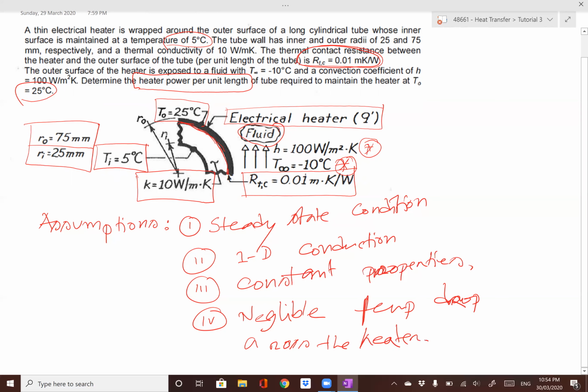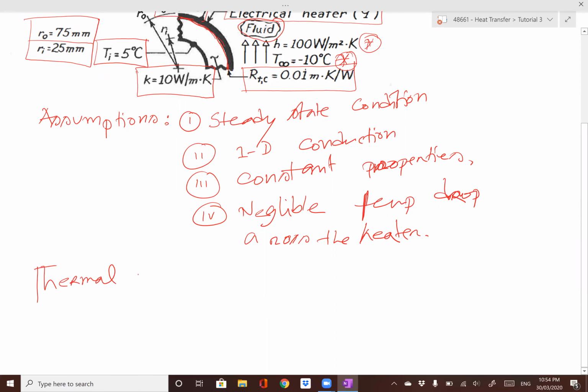Okay, so first I will draw the thermal circuit. So inner temperature, then the tube material, so conduction heat transfer.